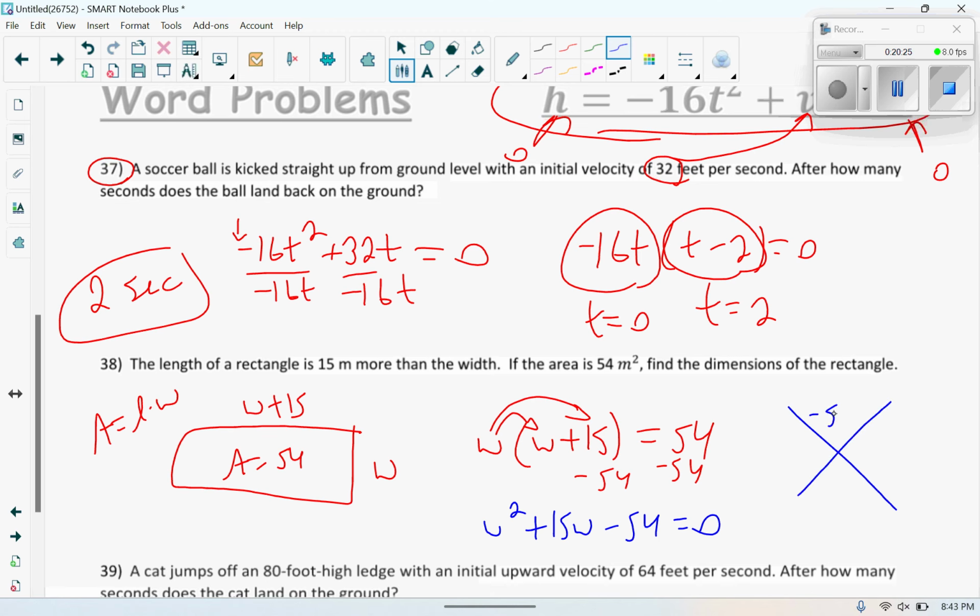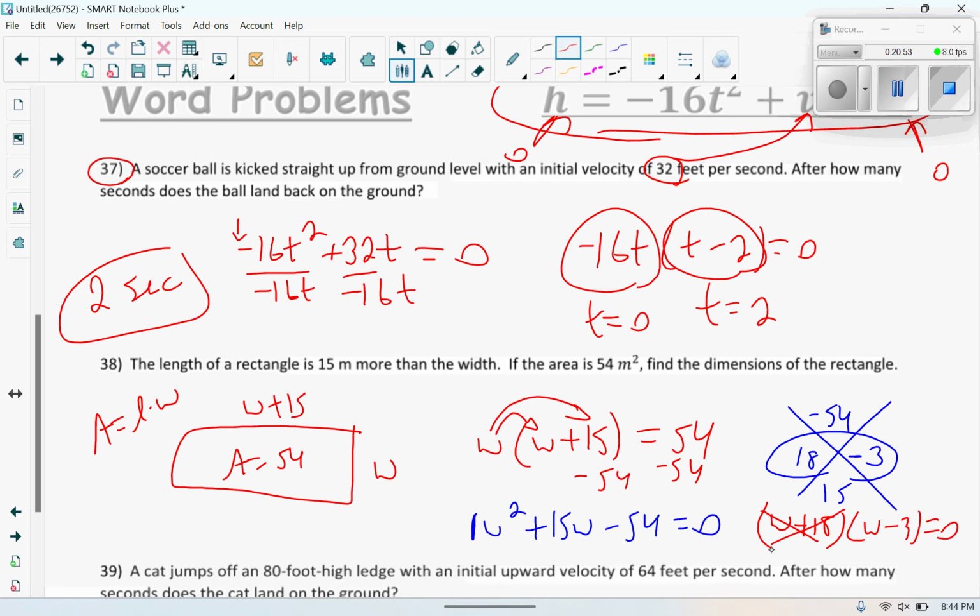I'm going to find the factors of 54 that kind of feel like subtracting, right? So 18 and 3, and we want that to be a negative. And remember, since there's a 1 in front of here, we can just factor as we see it. So I'm going to say W plus 18 and then W minus 3.